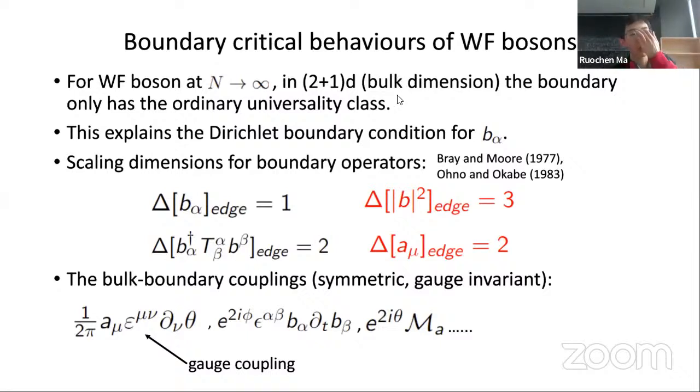And due to the Mermin-Wagner constraints, in 2 plus 1D, the boundary cannot order before the bulk. And there are some more complicated issues when n is small, but we don't need to worry about that when n is large. So we only need to consider the ordinary universality class at the large n limit. And this justifies the Dirichlet boundary condition for the boson field.